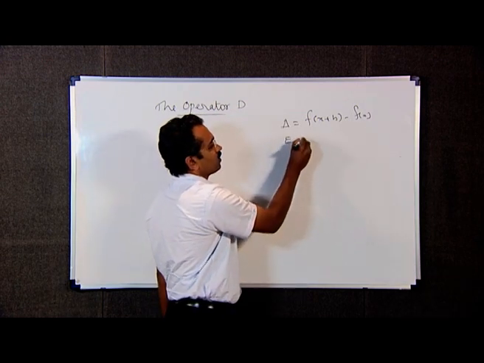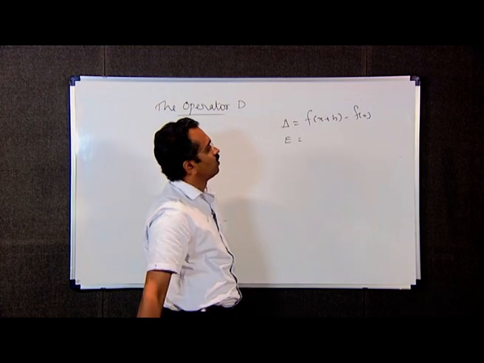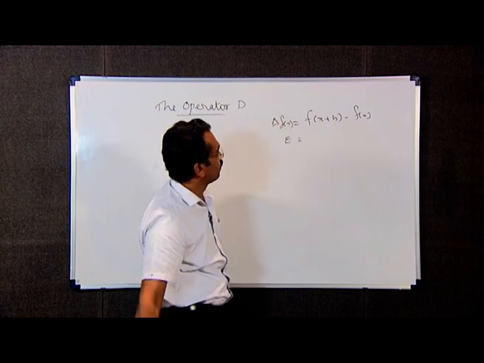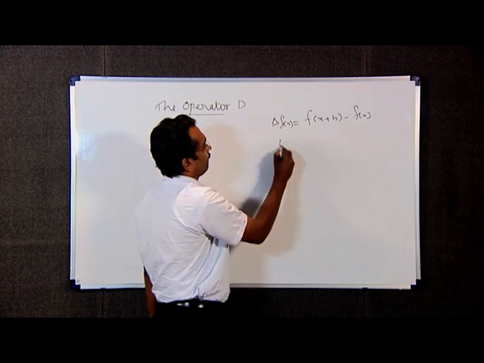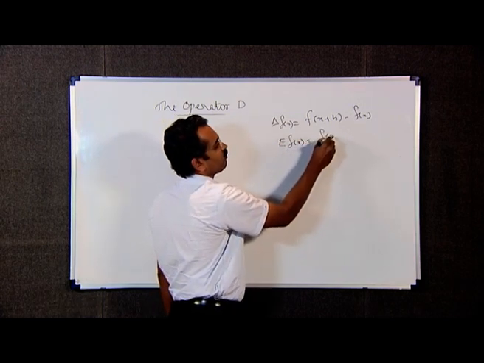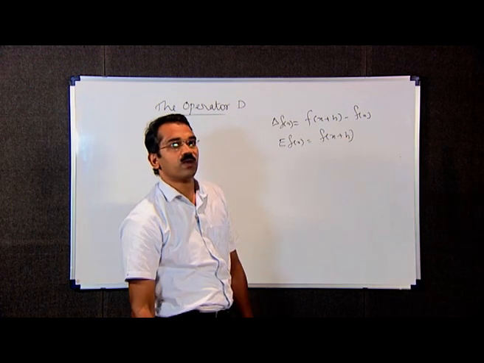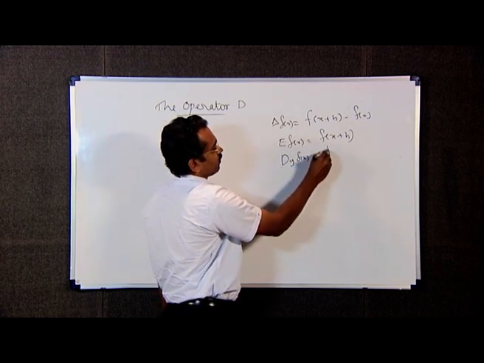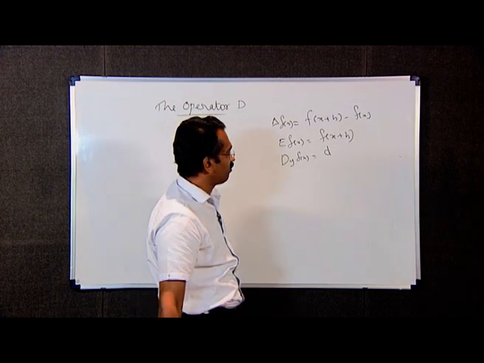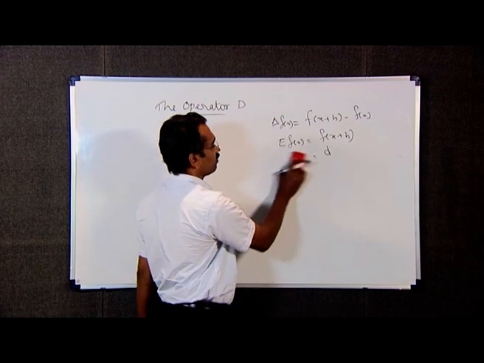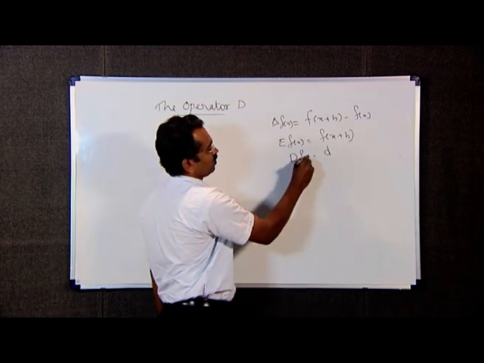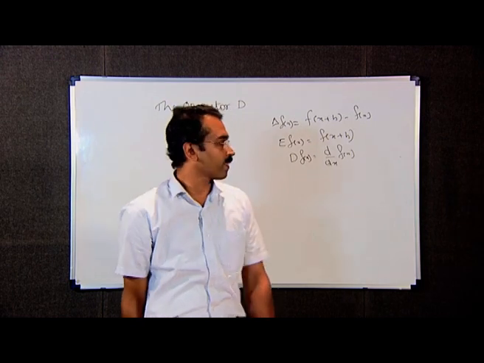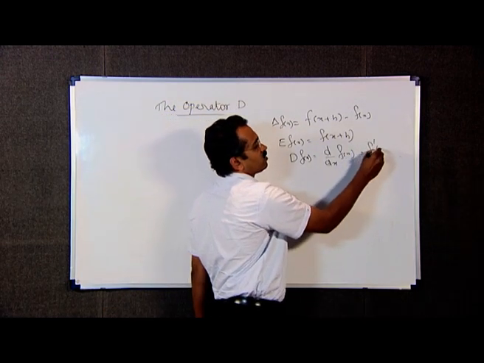The shift operator E f of x is equal to f of x plus h, and D f of x is equal to d by dx of f of x, that is the first derivative of f of x, which is denoted as f dash of x.